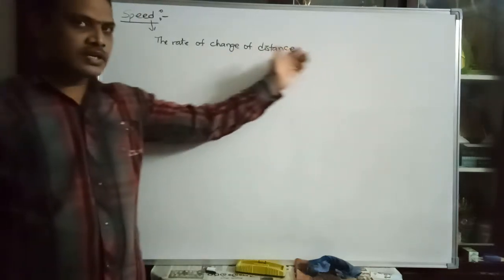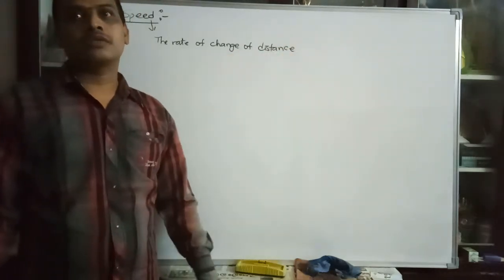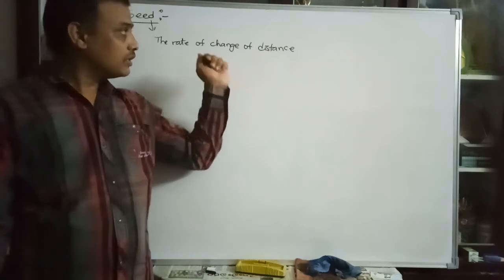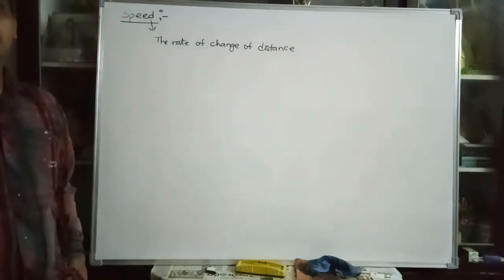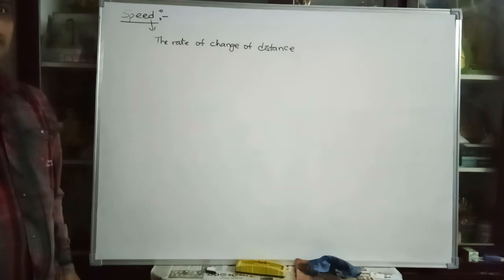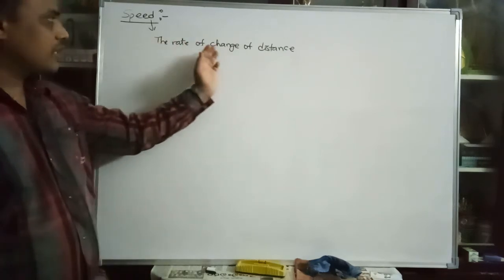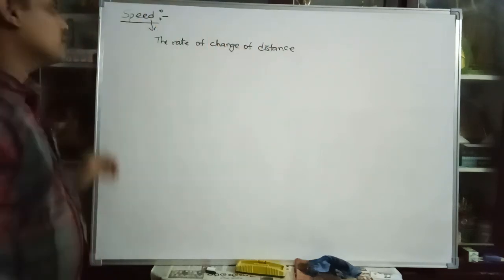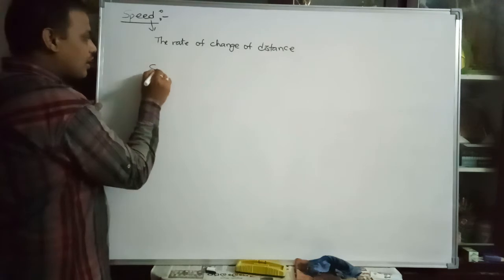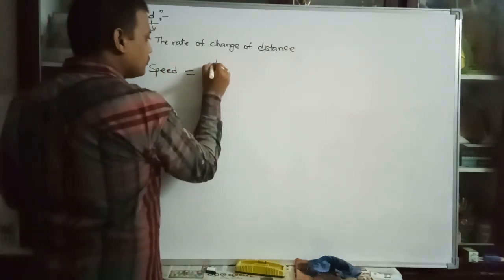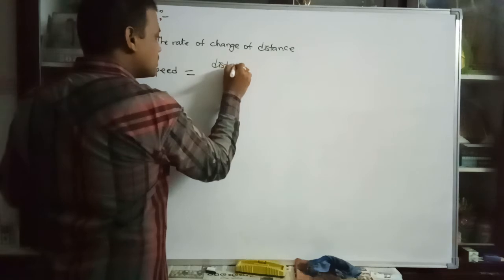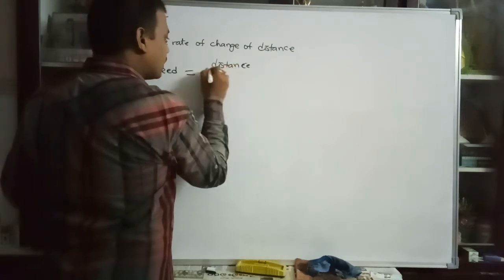Otherwise, the change in distance per unit time is called speed. So the rate of change of distance can be called speed. So speed can be written with the formula: speed is equal to distance by time.